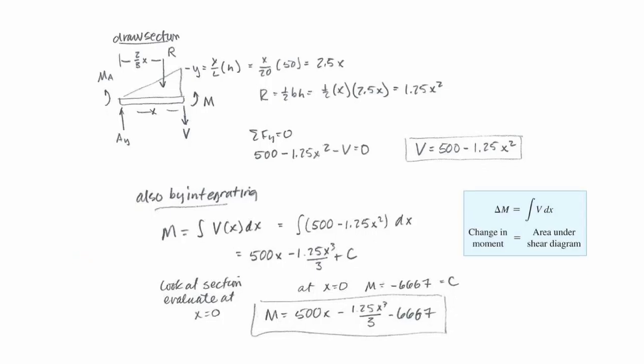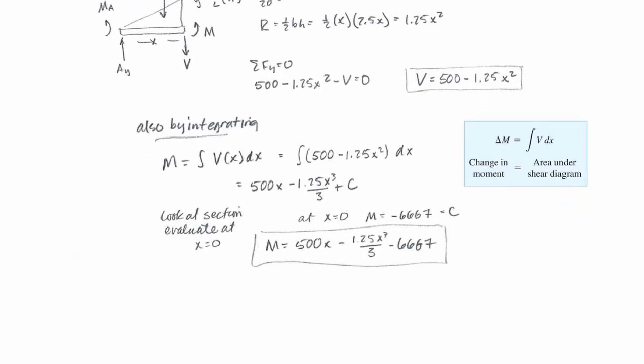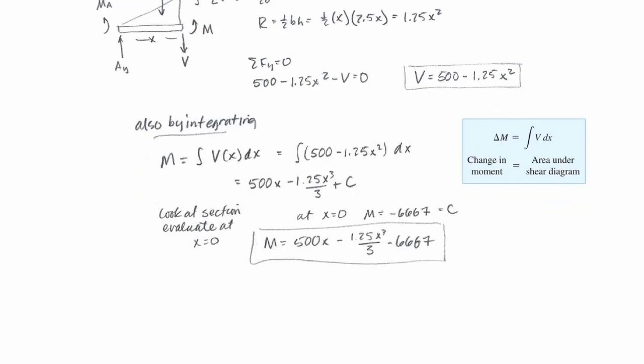Moment is equal to the integral of shear dx, the integral of 500 minus 1.25x squared dx. Integrating, I got the moment is equal to 500x minus 1.25x cubed over 3 plus a constant of integration.